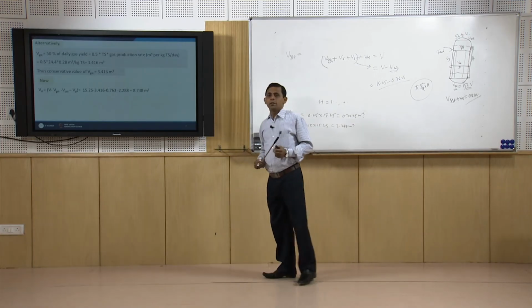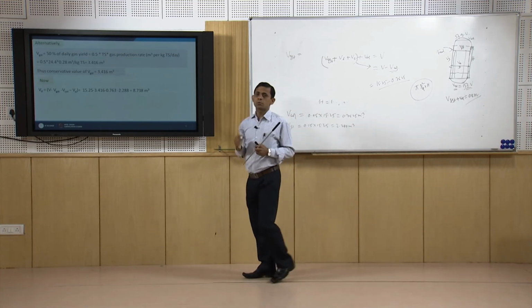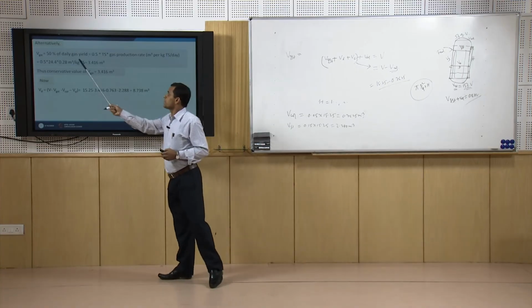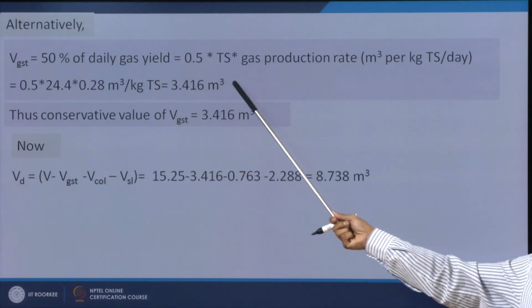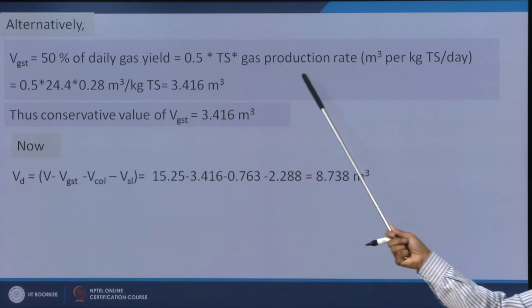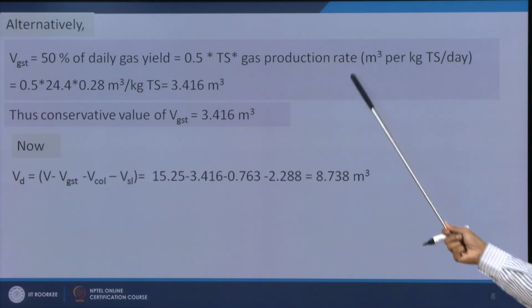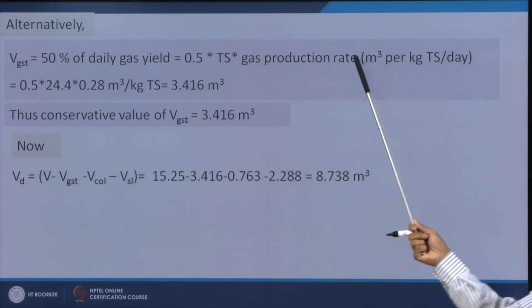Alternatively, VGST can be calculated on another thumb rule, that is 50% of daily gas yield: 0.5 into TS, or total solid, into gas production rate in meter cube per kg TS per day. This value is 0.28 as given in the statement.